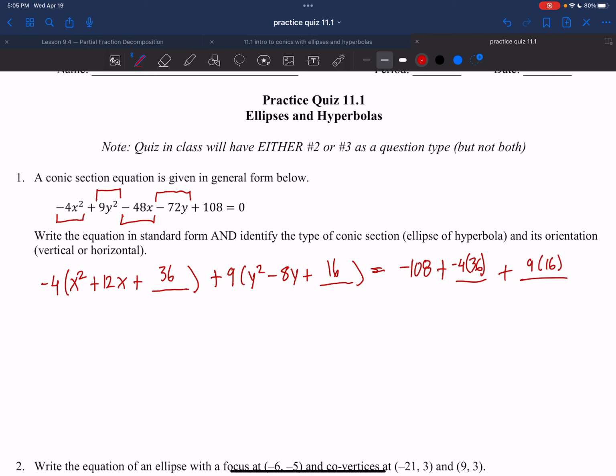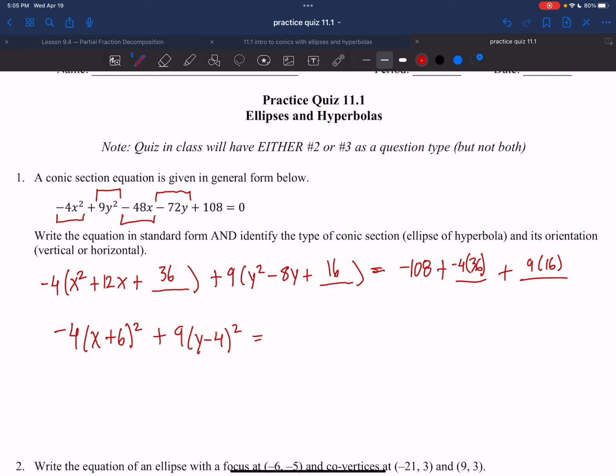Okay. And now I can factor. I can say negative 4 times x plus 6 squared plus 9 times y minus 4 squared equals, I'm going to do negative 108. I could do this in my head. I don't want to today. I feel lazy. I say 36 times 4 is 144.